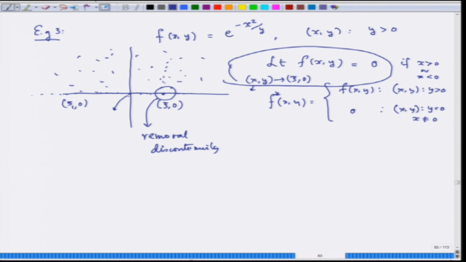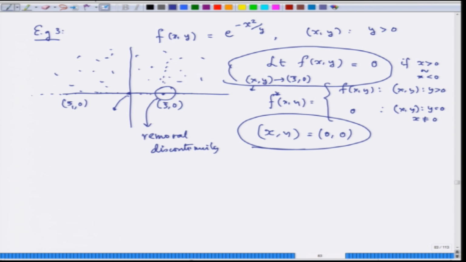So this function can be redefined for all points on the boundary; you can remove the discontinuity and define it like this. Only at the point (0, 0) does this function remain discontinuous, because it is undefined at that point.